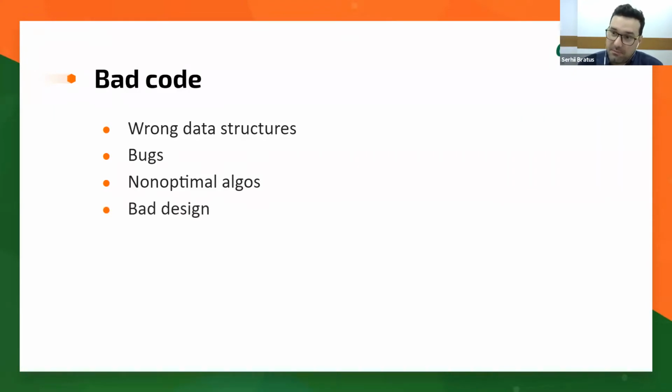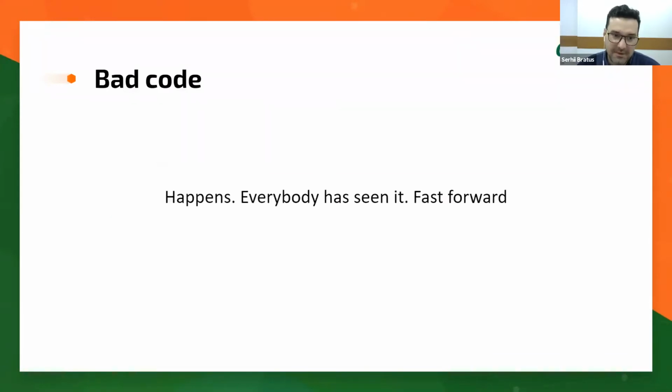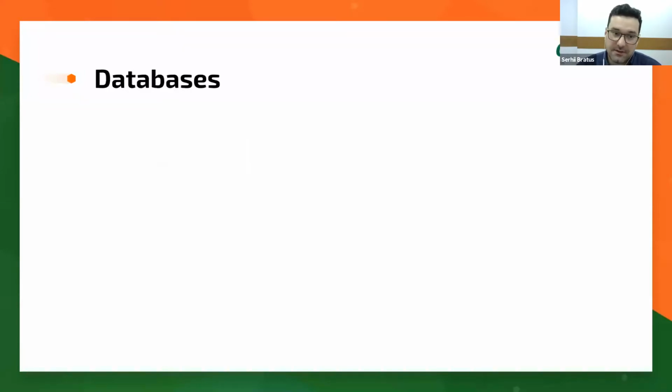Bad design, for example, with Nginx: if the design was wrong from the very beginning, then you probably won't be able to improve it much and get to a level where the server could be really highly loaded. It happens. Everybody has seen it.